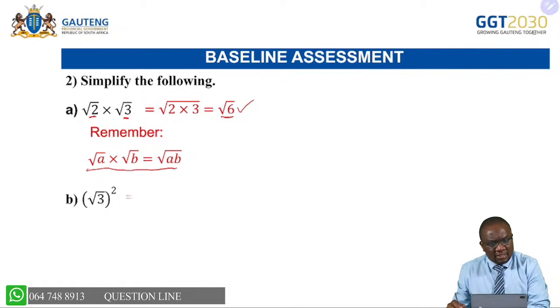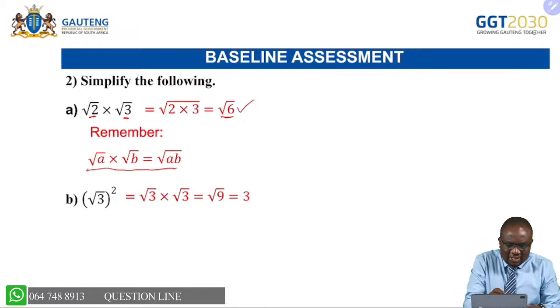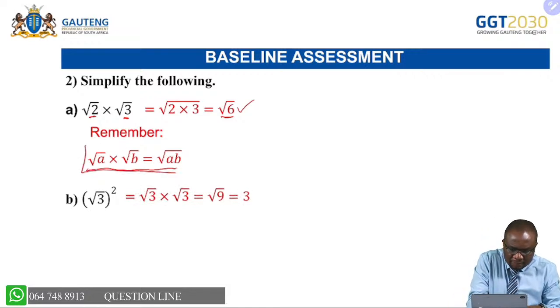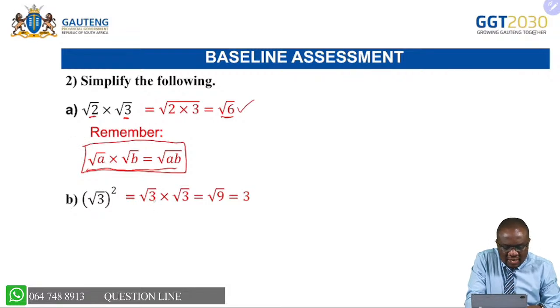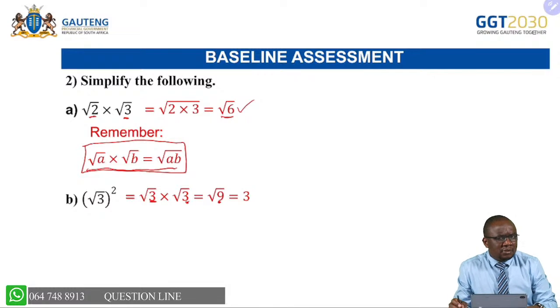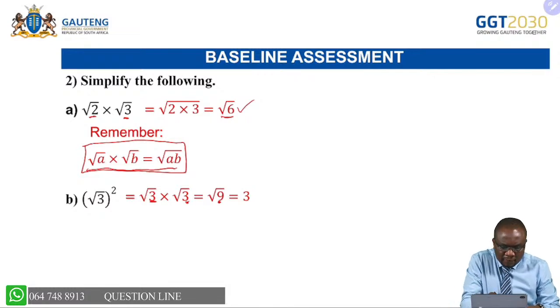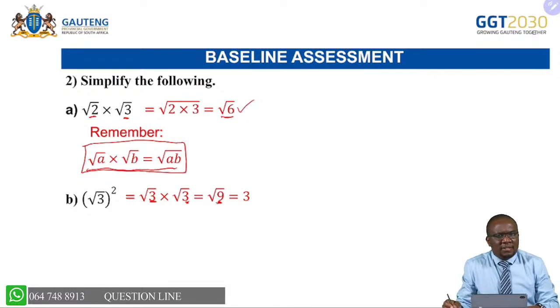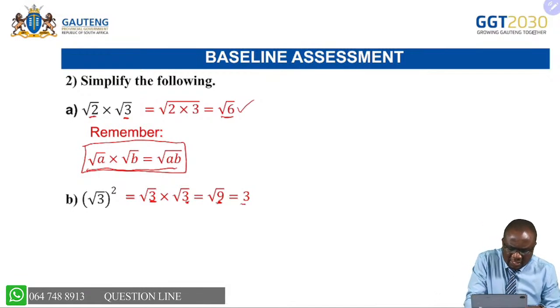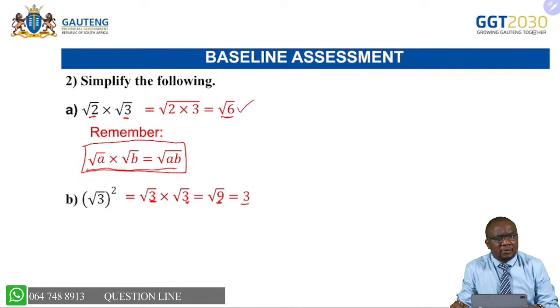And then using what we talked about here, we can say this is the square root of 3 times 3, and 3 times 3 is 9. And then what is the square root of 9? It is 3. And then we write our answer, the 3 there. Well, just take the positive one for now.